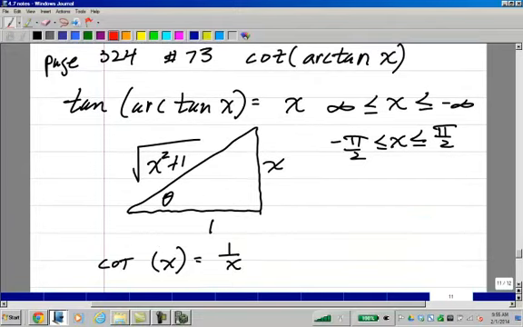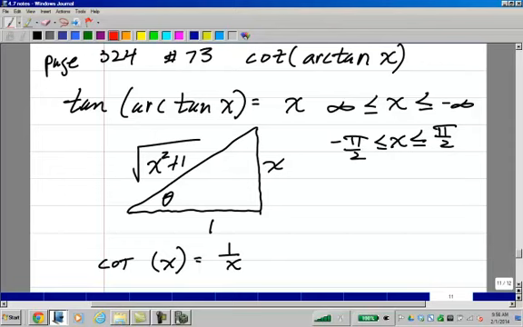Okay, page 324, number 73. The cotangent of the arctangent of x. Okay, so the cotangent of the arctangent of x. And the tangent, what the hell? What did I do here? I got something mixed up. Let me look at 73. I got two different things.